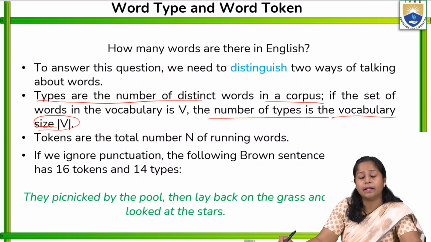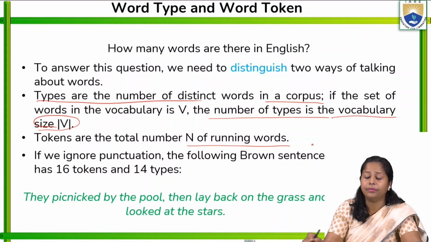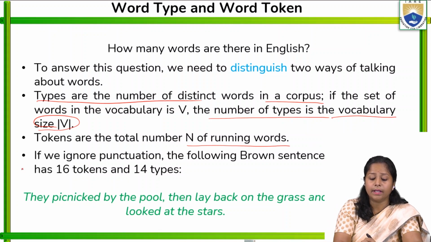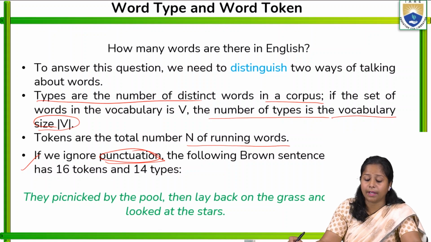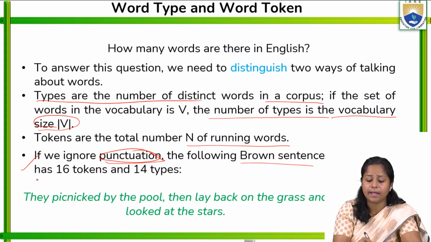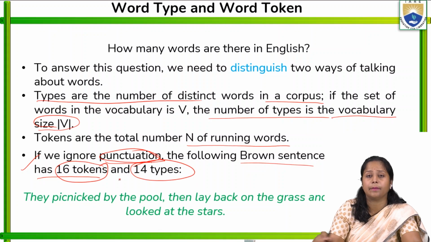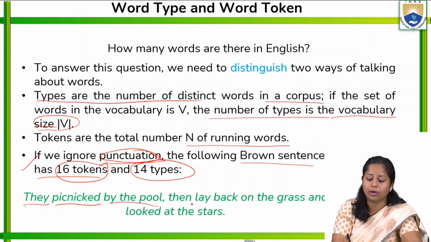Tokens are the total number of running words, and if we ignore the punctuation from the sentences and take only words as tokens, the following Brown sentence gives us 16 tokens and 14 types. The sentence is: they picnicked by the pool, then lay back on the grass and looked at the stars.